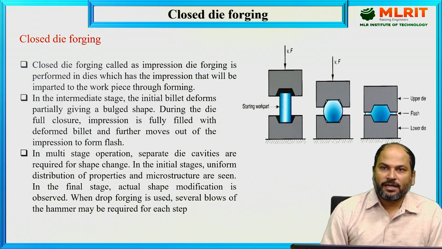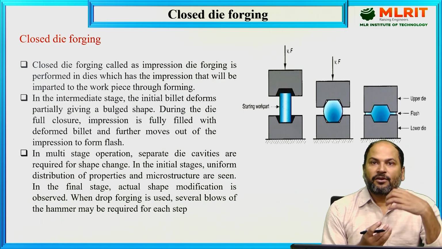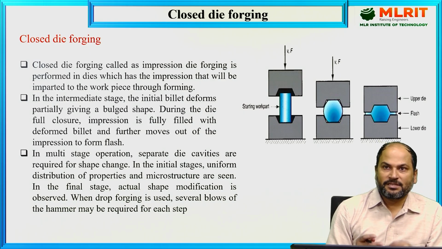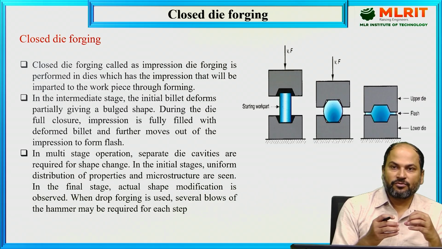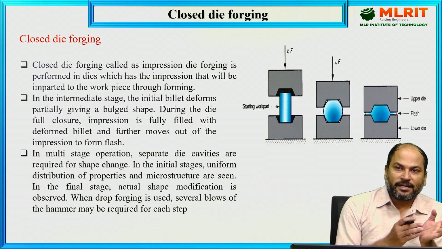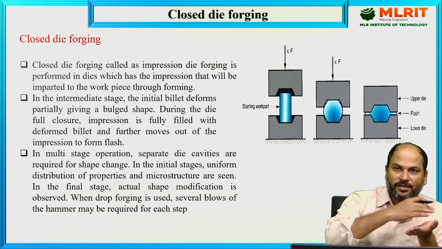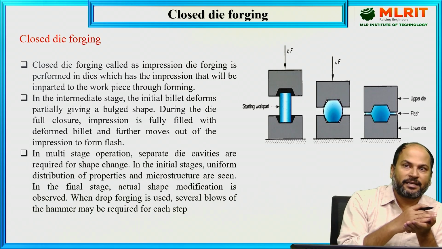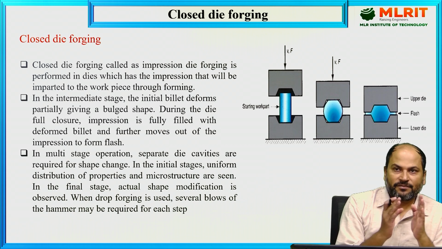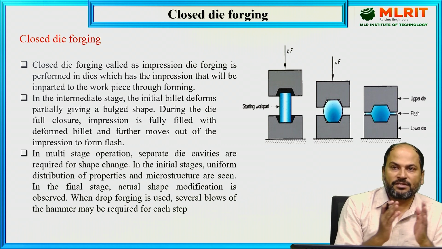In closed die forging, as I told at the start in the last lecture, the material will not be free to move, meaning in the transverse direction it is not free to move. In the case of open die forging, when we applied the force and the material started to flow, there was no restriction on material flow in the transverse direction.